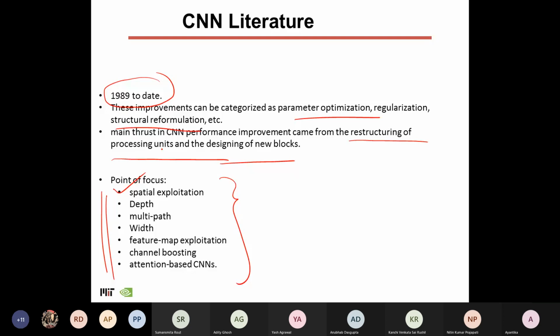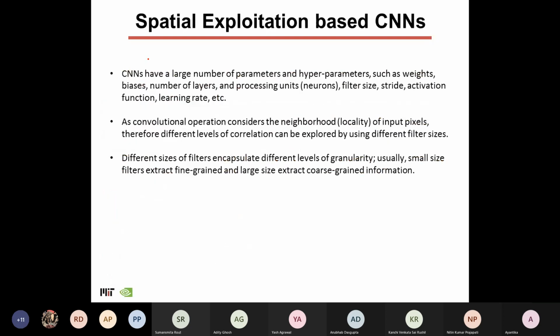Visible, right? Okay. So we were talking that this CNN literature started from 1989 till date. It is evolving and improving, and that improvement is basically restructuring and reorganizing some blocks.